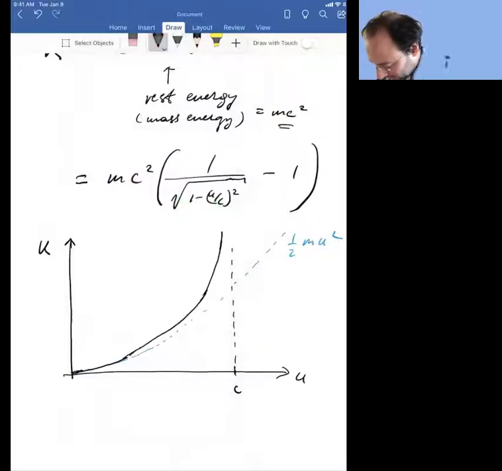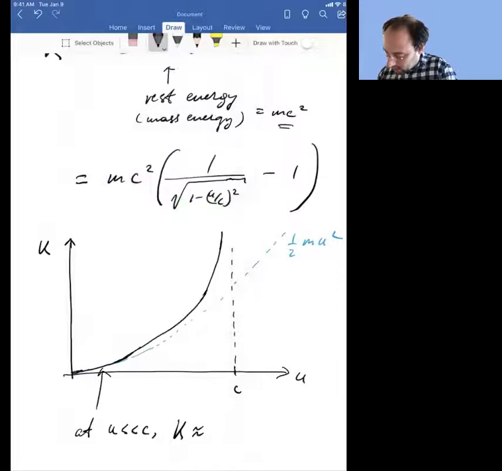Right, so what that means is that at u much less than c, kinetic energy better and better approximates 1/2 mu squared, which is a classical formula.